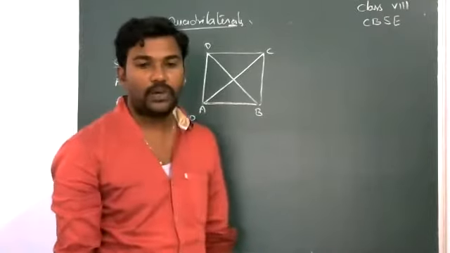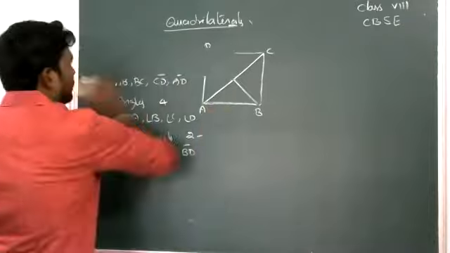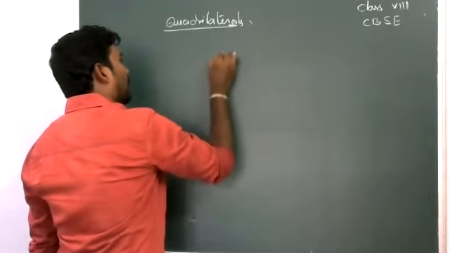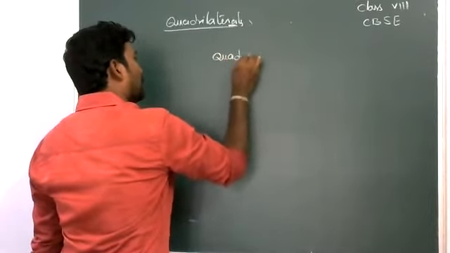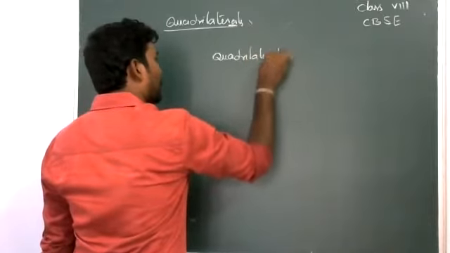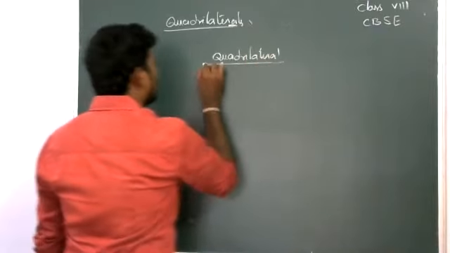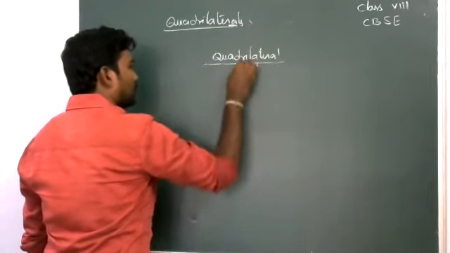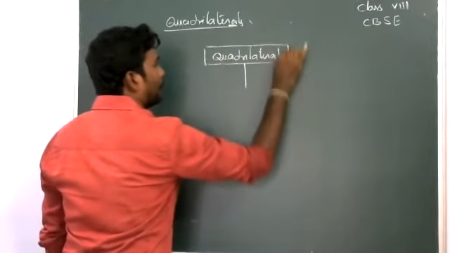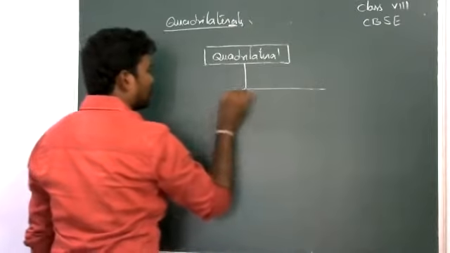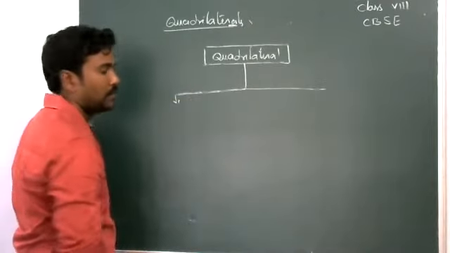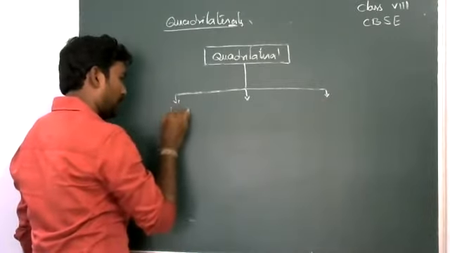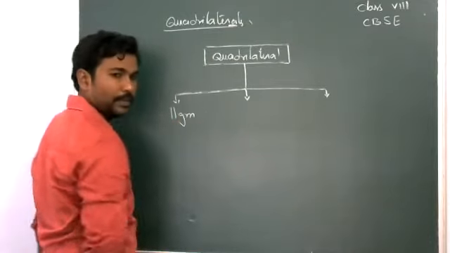Then how many types of quadrilaterals are there? Here you can see. First of all, quadrilateral. I am going to construct a flow chart. From the quadrilateral, this one is parallelogram.